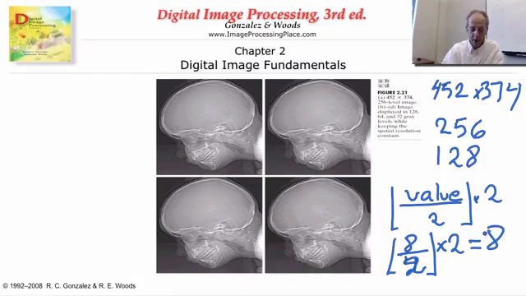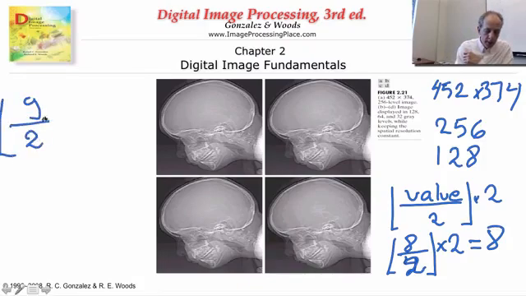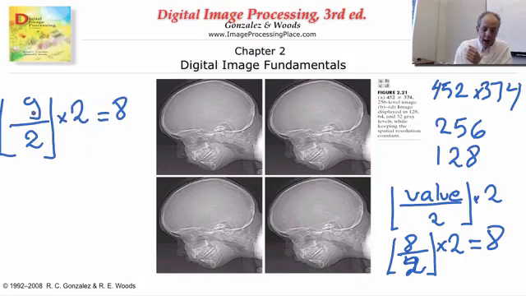But what happens if you have 9? You divide by 2, that's 4.5, but I have to take the closest integer from below, that's 4. I multiply by 2, and this became 8. So a 9 was transformed into an 8. And that reduces the range and reduces the quality of the image.